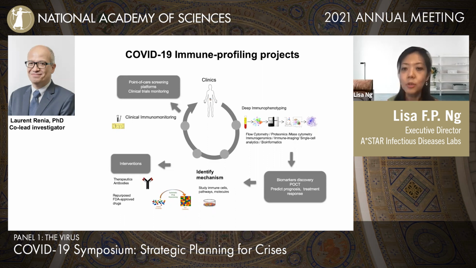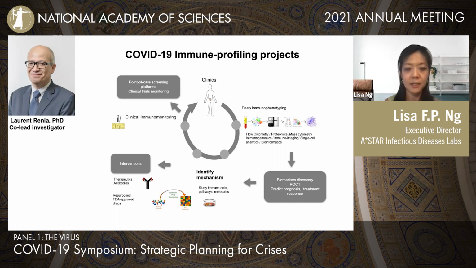So the idea was really to have a deep understanding of the various aspects of infection, using various approaches such as flow cytometry, mass cytometry, immunogenomics, proteomics, or even immune imaging to understand the various immune phenotyping of this infection. And how this would then allow us to identify new biomarkers that could then improve prognosis.